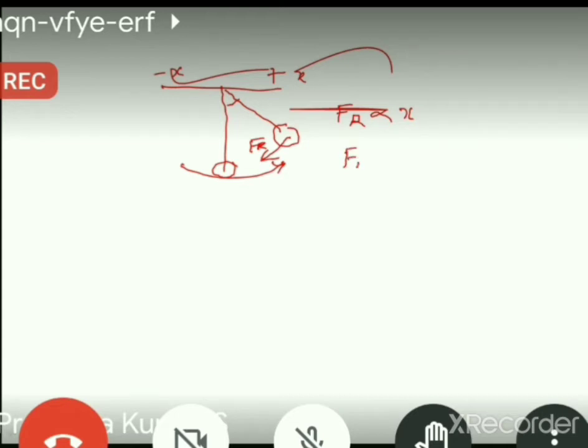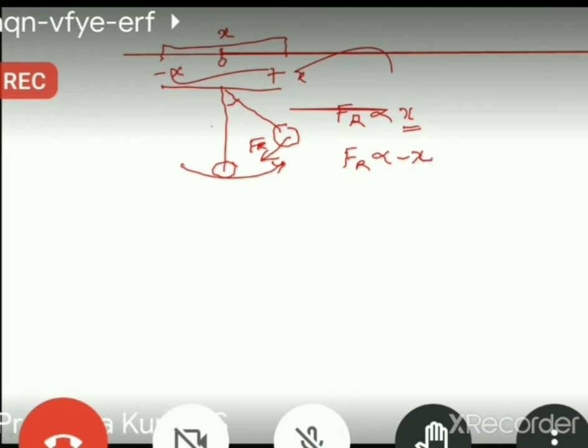Fr is proportional to the displacement x, starting from 0. So Fr is directly proportional to the displacement. This Fr is opposite to the displacement.